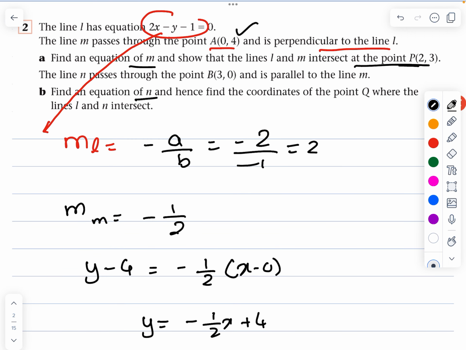Find an equation of line N this time. The line N passes through (3, 0) and is parallel to M. What was the gradient of line M? Gradient of line M was -1 upon 2.